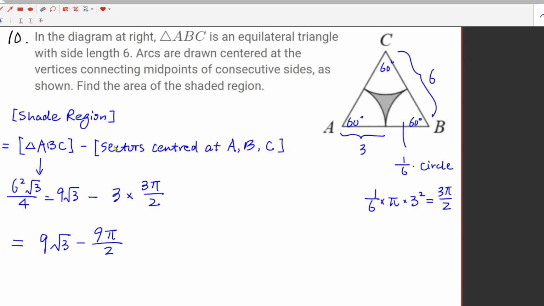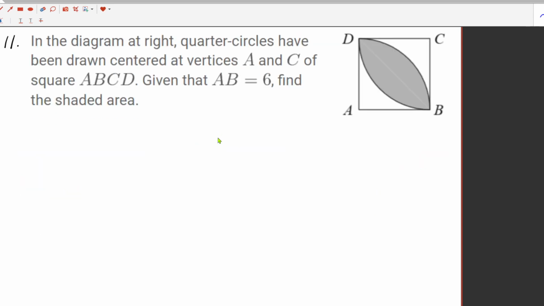Okay, if not, let's have a look at the next one. Question 11. In the diagram at right, quarter circles have been drawn centered at vertices A and C of square ABCD. Given that AB equals 6, find the shaded area.